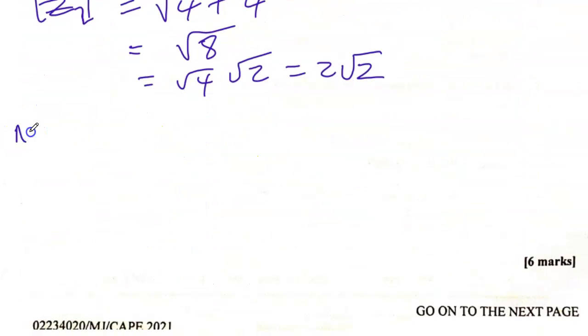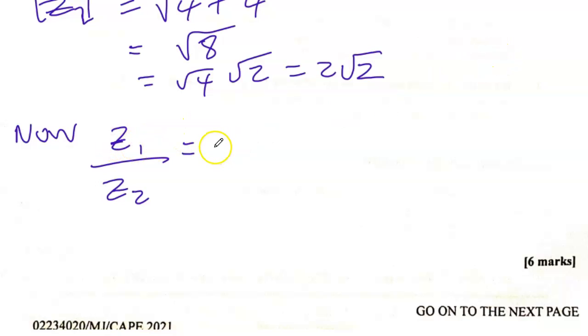Now z1 over z2. Recall that the radius of z2 is 2 root 2. We have it here.